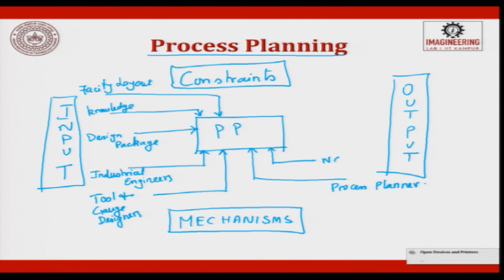He gets information about NC, the NC part program also, and what he gives out is the machining operations plan. This is what he gives, but you see I have to add some more inputs.